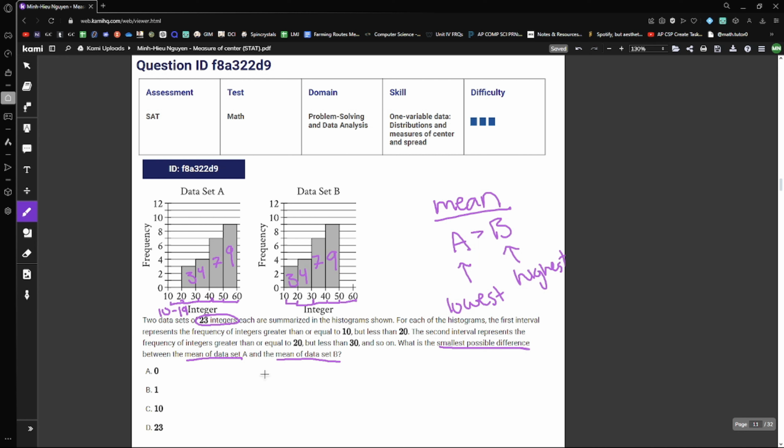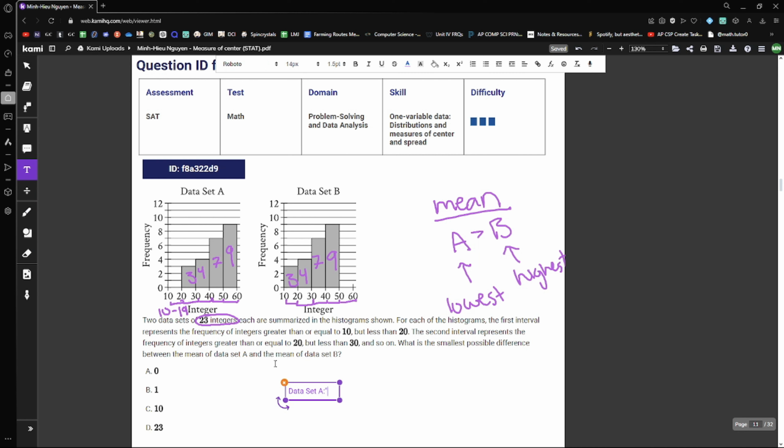So we know we have 3 and we want to use the lowest, so 3 times 20. Let me type this out for dataset A. Alright, so we're gonna have 3 times 20, which equals 60. Then we have 4 times 30, and that's gonna be 120. And then we have 7 times 40, 280, and 9 times 50, which is 450.